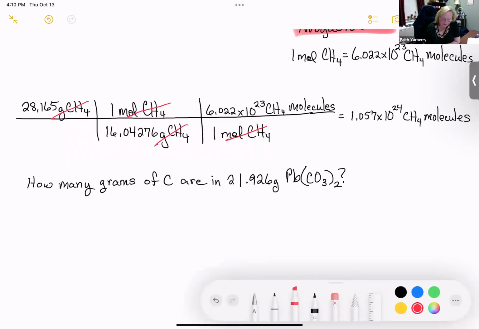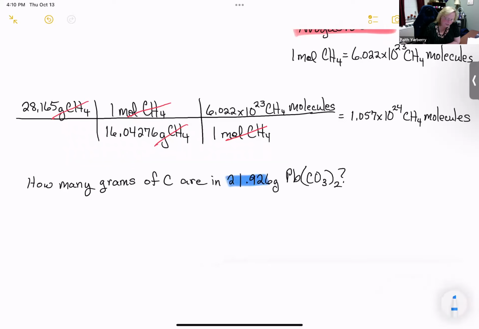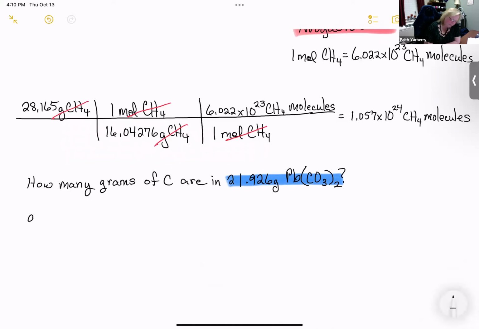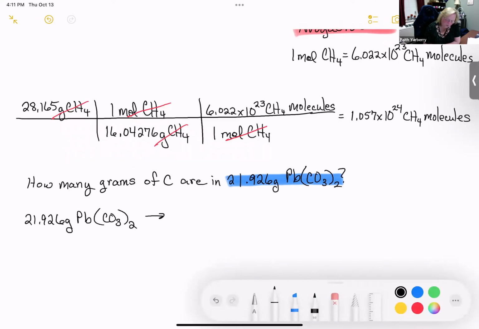I'm going to identify what I was given, which is the 21.926 grams of lead carbonate. And I'm going to identify what I want to solve for.